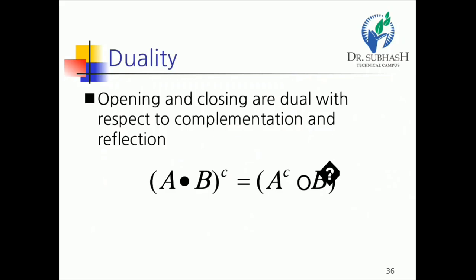Now, the duality property of morphological image processing: opening and closing are dual with respect to complements and reflection.